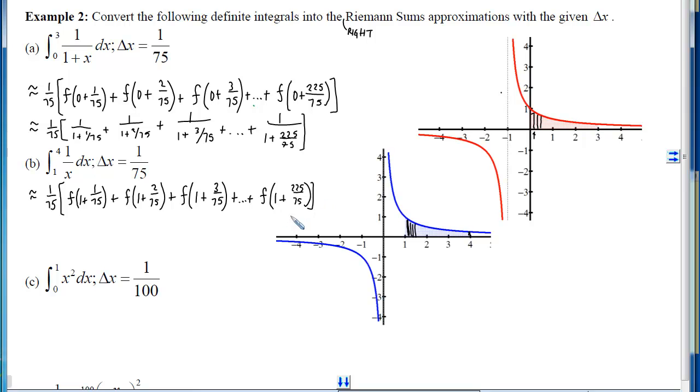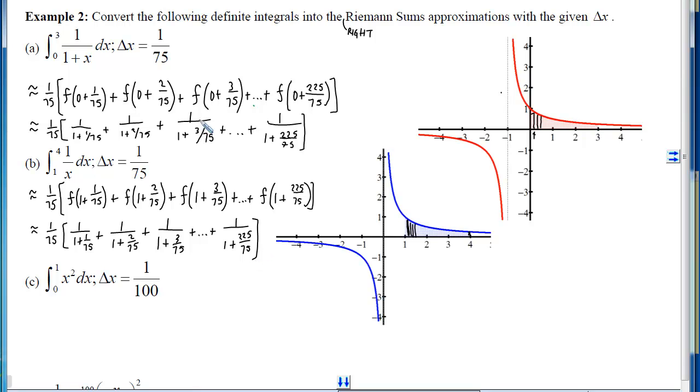If I now plug these into my function, you will see that I'll get 1 over whatever's inside. And I will continue that process. I'll plug 1 plus 3/75 into the function 1 over x, and I'll plug 1 plus 225/75 into the function 1 over x.